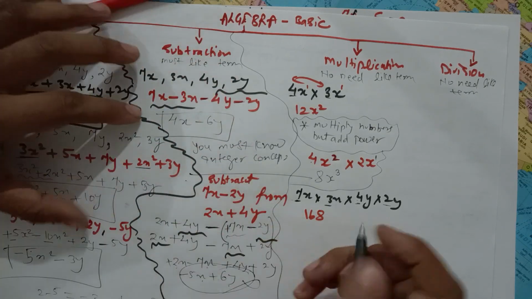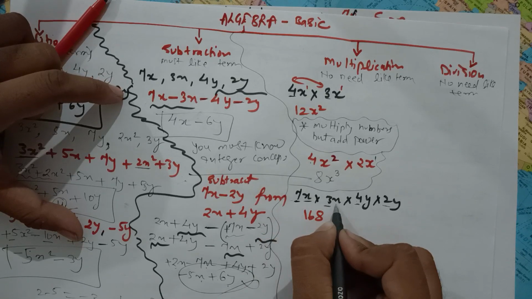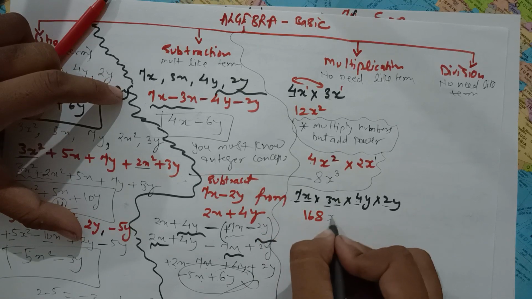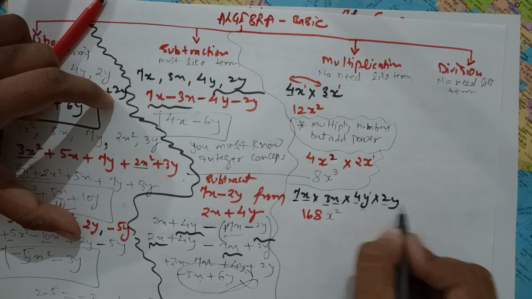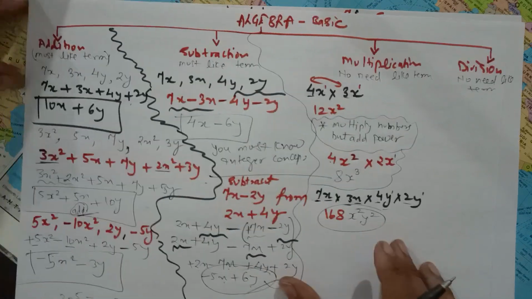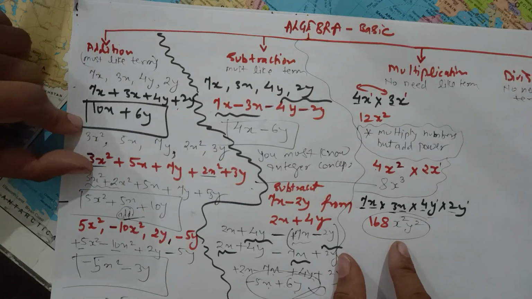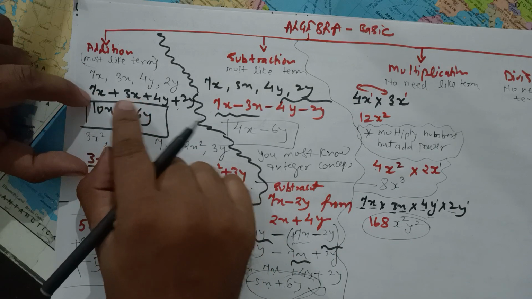Now look at the variables. Here x is 1, here x is 1, so it becomes x square. Now see the y variable. Here y is 1, here y is 1, so y square. But in addition, you don't add the power of the variable.